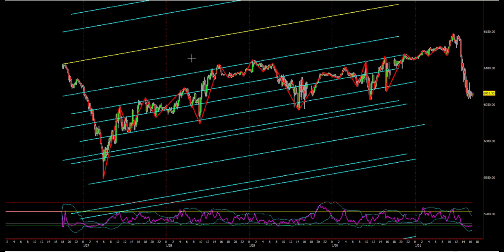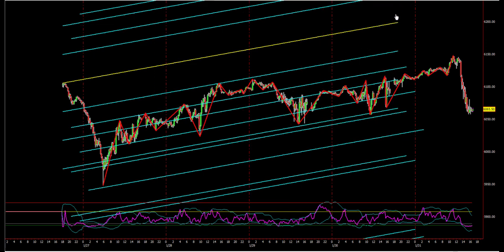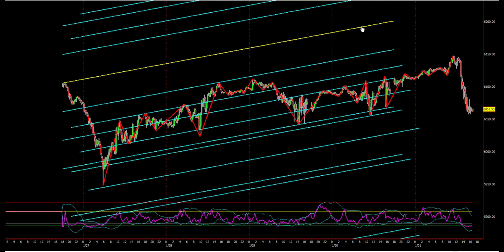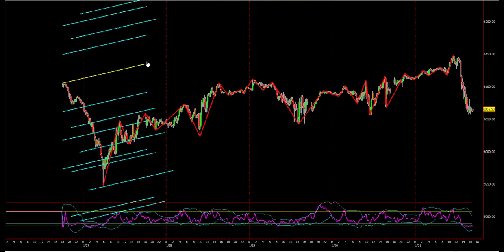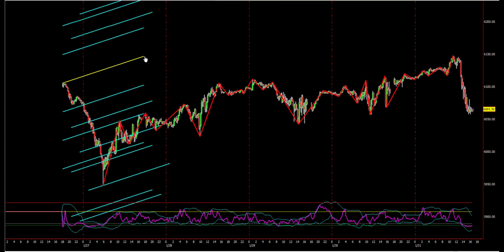All right, so based on this channel which has not moved from this point, and if we do it properly, I don't think we did it properly either. Let me do it, because I see a gap here. So this is actually the low done properly like this.